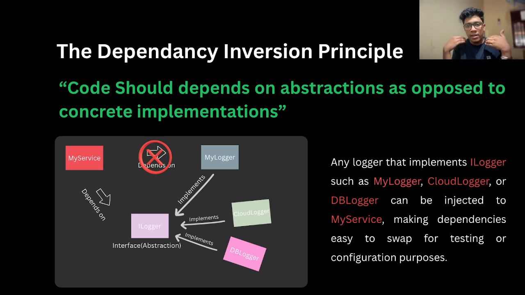So the dependency inversion principle suggests that instead of depending on the implementation, you should depend on an interface. That means abstraction. So an interface gives you a contract. Like if you are implementing it, you need to implement these functions.